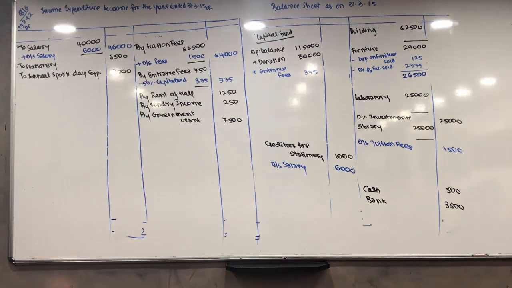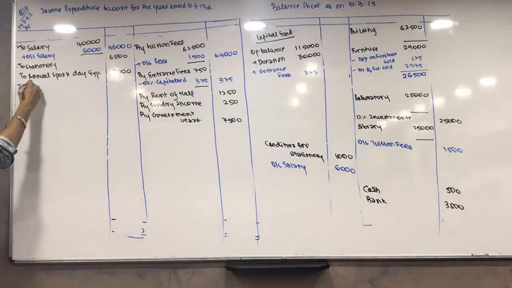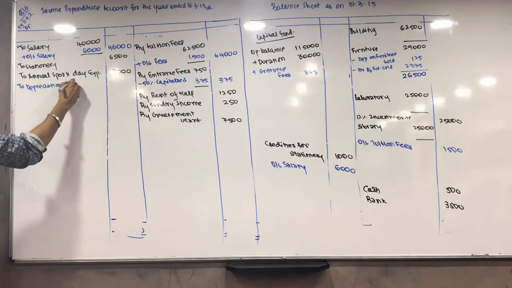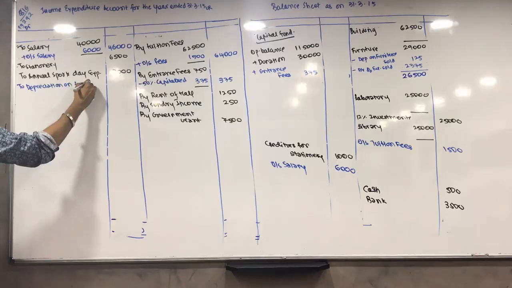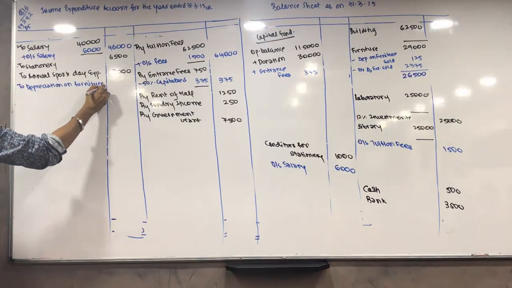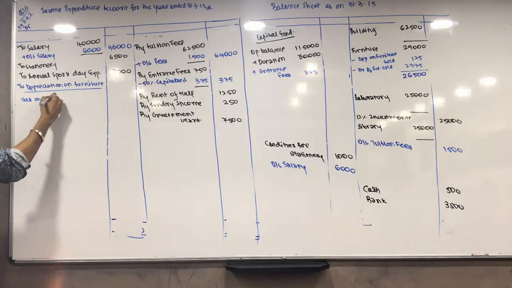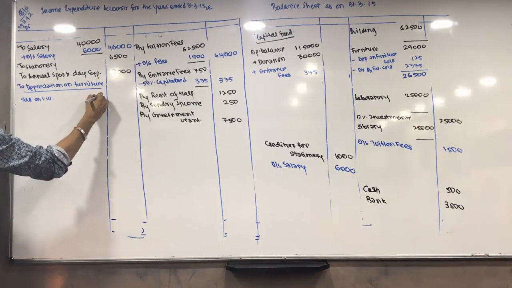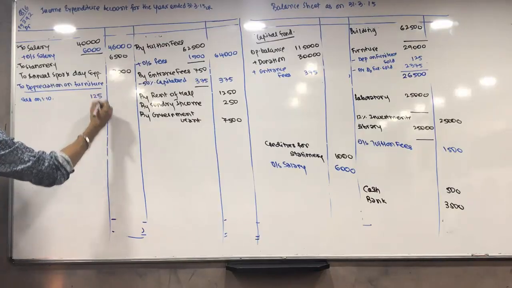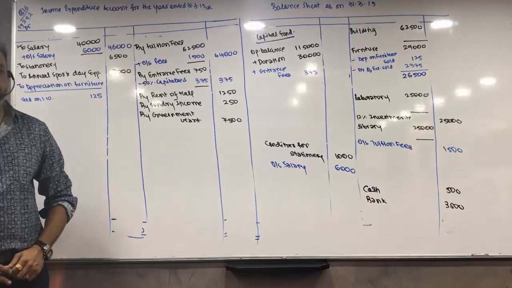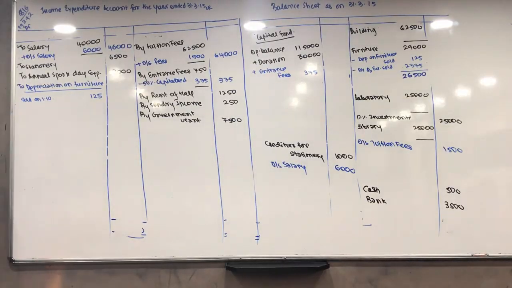Now we give the effect of depreciation on furniture. We divide into two parts. Sold on 1/10, amount is 125. Understood this? All of you? Okay.